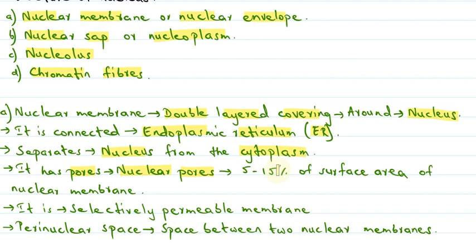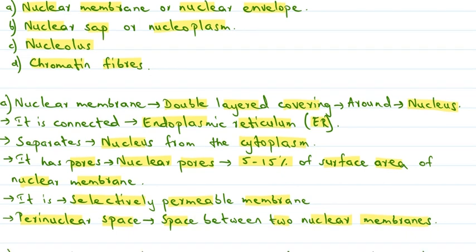These nuclear pores account for about 5 to 15% of the surface area of the nuclear membrane. The nuclear membrane is a selectively permeable membrane, and there is another term called the perinuclear space, which is the space present between the two nuclear membranes.